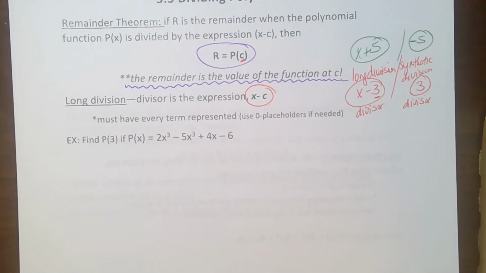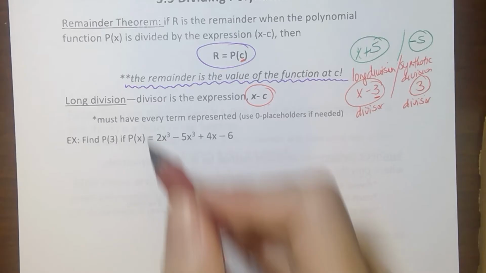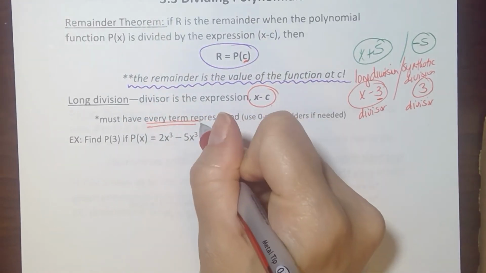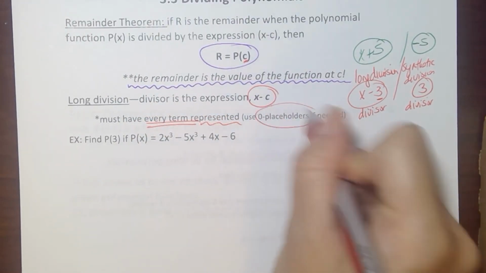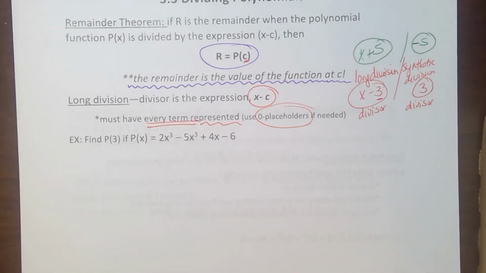Okay. Starting with long division, remember this key that with long division, we must have every term represented. Must have every term represented. So I'm going to use 0 placeholders if there's a missing term. I need to make an adjustment here because I have a typo.